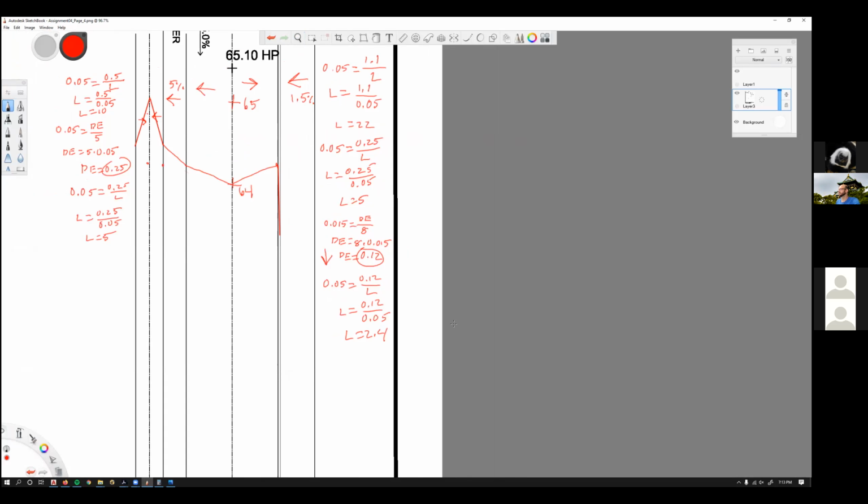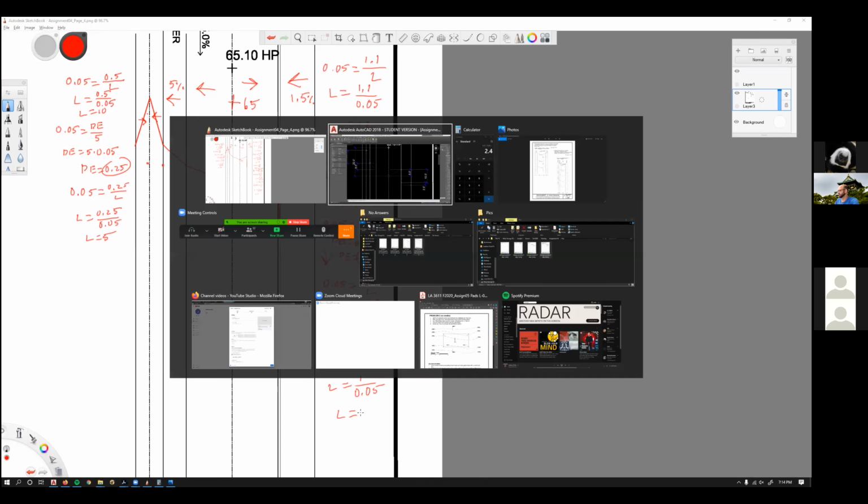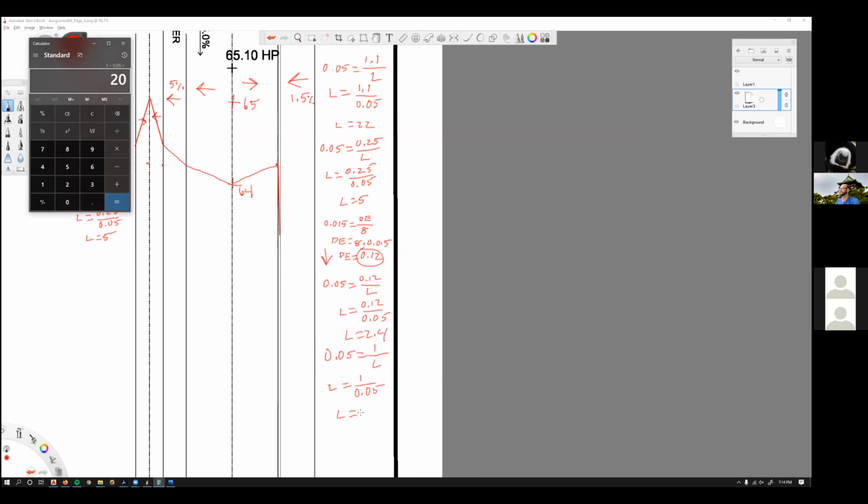So just to show you that, 0.05 equals 1, because we want to figure out where the next contour is, over L. L equals 1 divided by 0.05. 1 divided by 0.05 is 20.